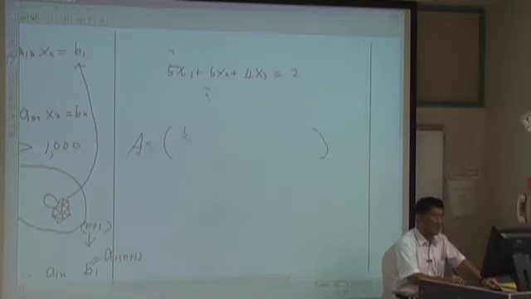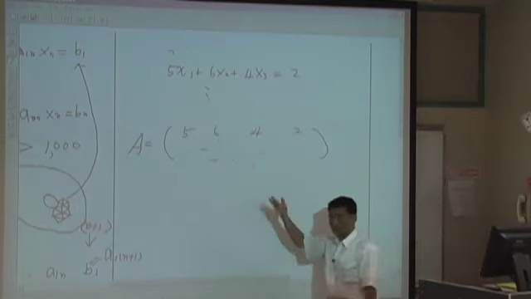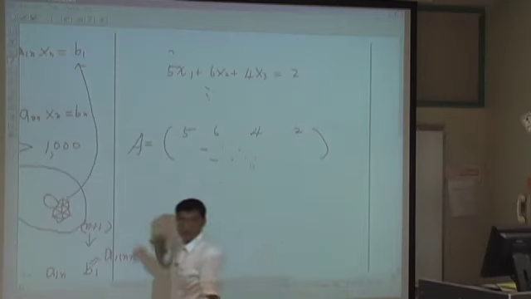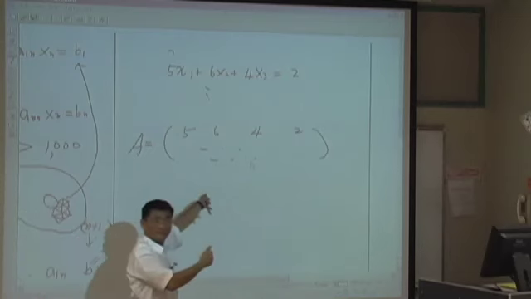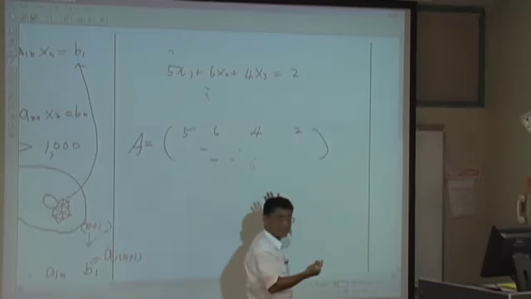The matrix is 5, 6, 4, 2. So you should convert the problem into a matrix. The problem is given, then you create the matrix. This is the first step.